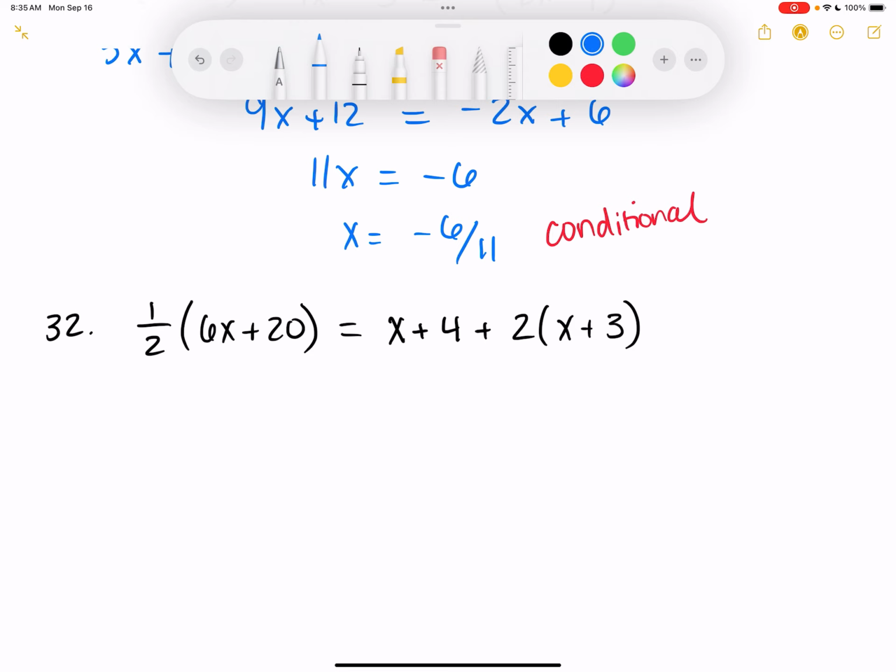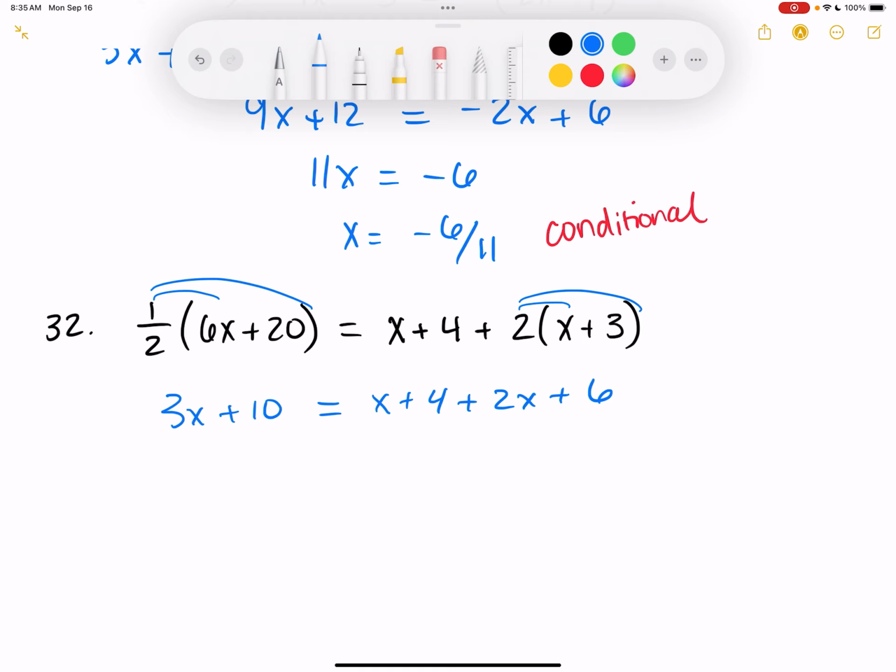I'm going to start by distributing the two things that need to be distributed. That gives me 3x plus 10 equals x plus 4 plus 2x plus 6.